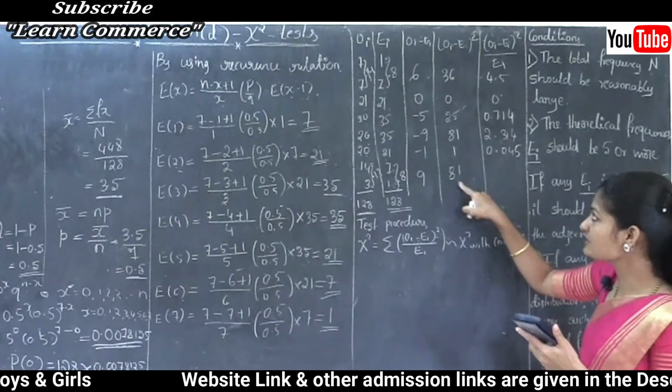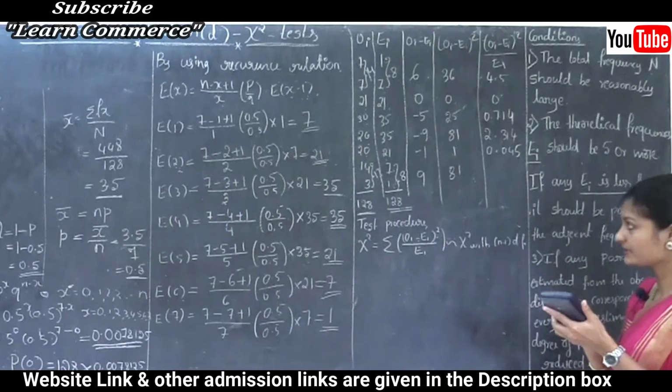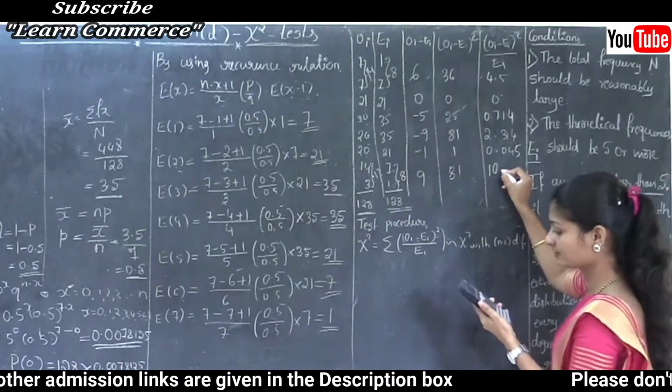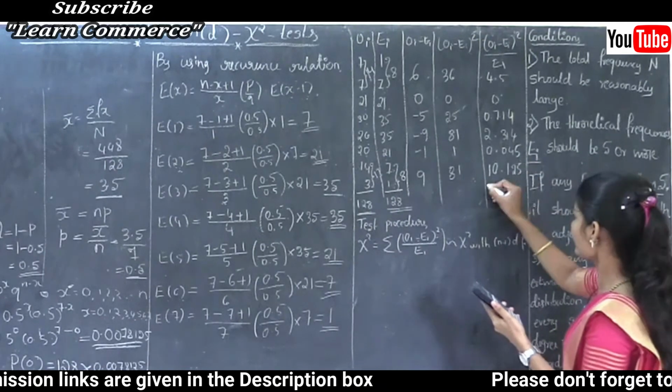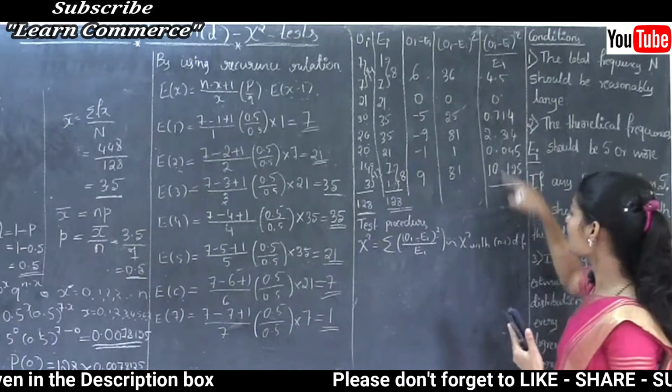Next, 81 divided by 8 is 10.125. Now, based on this formula, we need the sum of these observations.